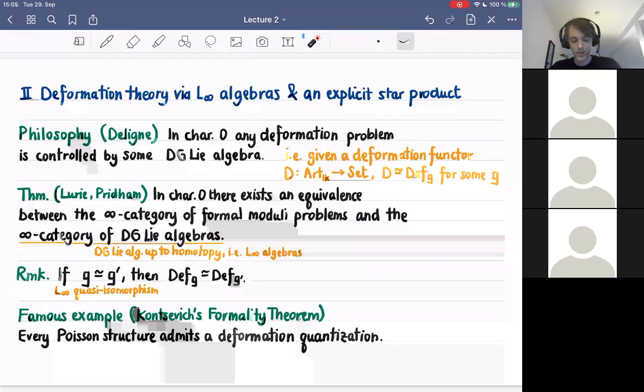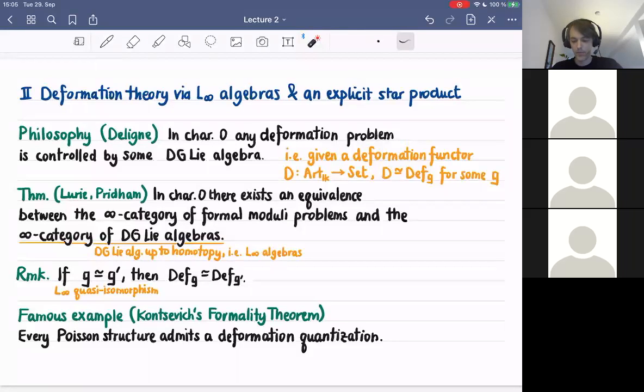More recently, this has become a theorem phrased in the language of infinity categories. The theorem is by Lurie and Pridham. It says that in characteristic 0, there's an equivalence of infinity categories between the category of formal moduli problems and the infinity category of DG Lie algebras. And on this side of the DG Lie algebras also sit DG Lie algebras up to homotopy, and these are the L-infinity algebras.